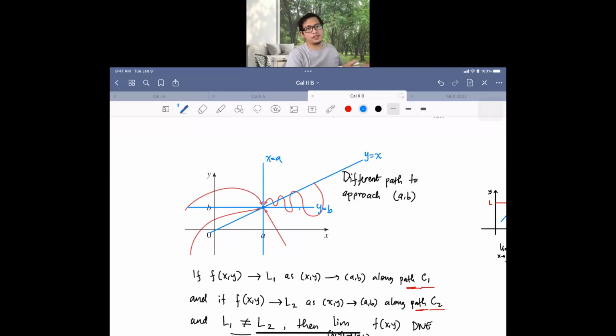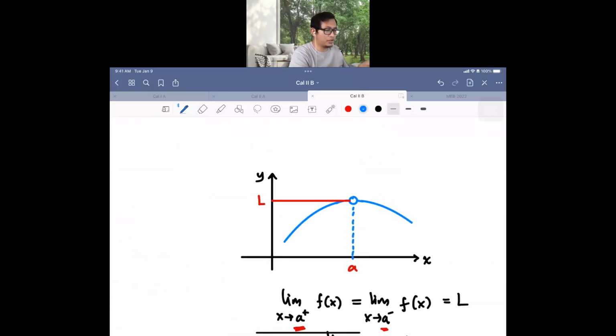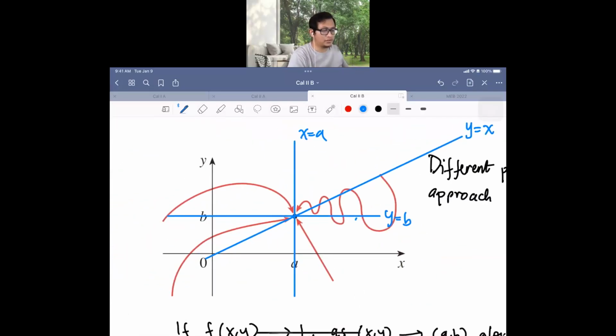So we can check these three lines for the path, which is how we can approach the point (a, b). Because usually we are not approaching in a line but along a curve. But now we have an area, quite a large area that we can cover, so we need to think more.